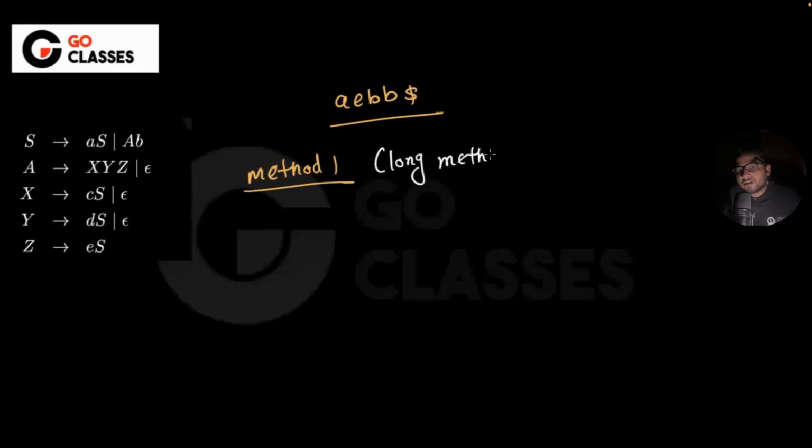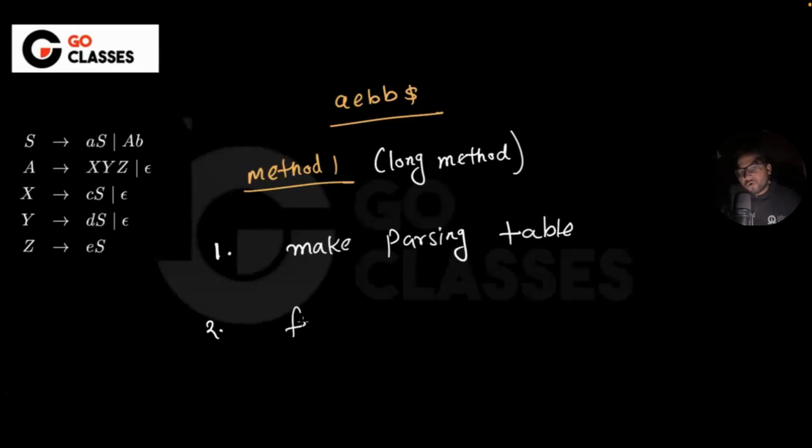In this method, you can say that, okay, the first thing is to make the parsing table, which is obviously a little lengthy, and follow the table, start from the start symbol, reach the input string and parse. So let's just try doing this, right?